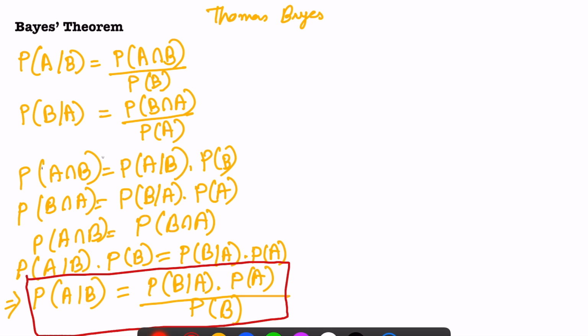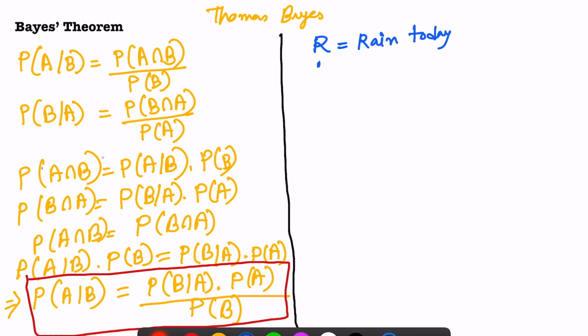So let's see why it is useful. I'll give you a small example. Suppose we have two events. One is R, whether it will rain today, and C is whether it is cloudy today.